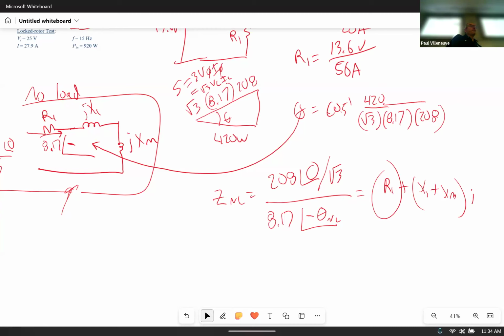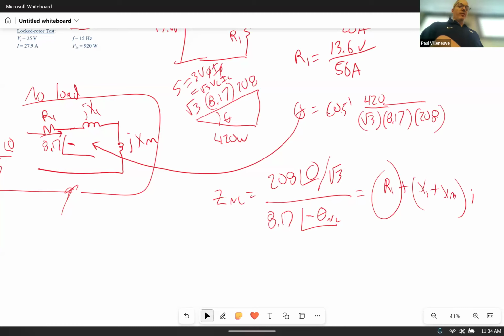Yes, sir. Going from line to phase. The 208, you mean? Can we do the power triangle above with the 3 times the 8.17? Nope, because I can use either one of those equations. I can either use 3 times V phase I phase, or I can use square root of 3 times V line I line.